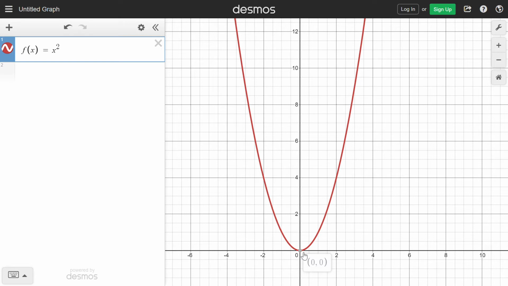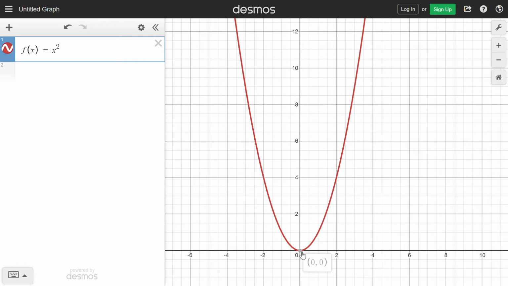You're also asked to find where you cross the y-axis. And the same as with straight lines, we call this our y-intercept. And again, where do we cross the y-axis? We cross at 0, 0. So the roots, the y-intercept, and the turning point are all 0, 0.